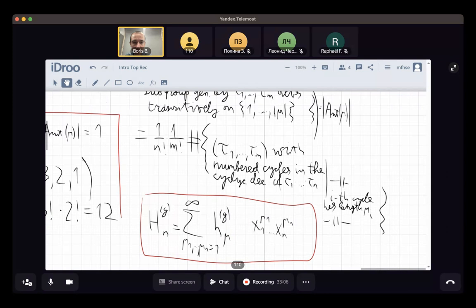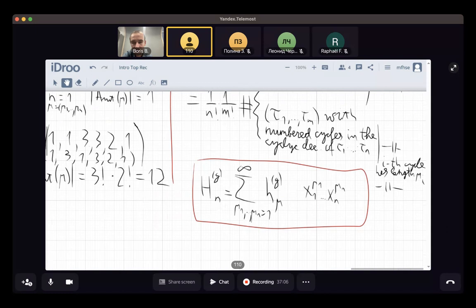So this means that H, G, μ are symmetric upon interchanging the μi's. And what does this mean for the generating function? It's symmetric upon replacing x variables xi and xj. It's a symmetric function in n variables, x1 and so on, xn. It's clear from this definition.